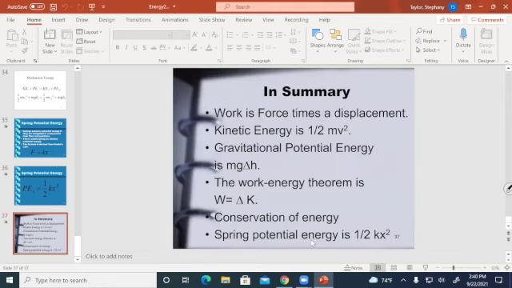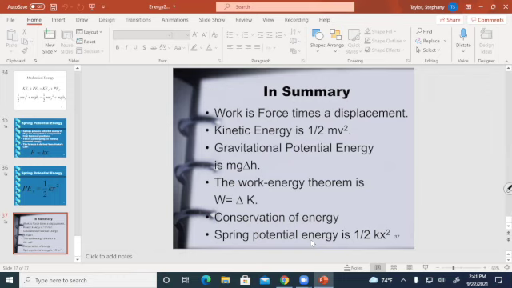All right, so in summary, work is equal to force times distance or displacement. Kinetic energy is the energy of motion, and that's equal to 1/2 mass times velocity squared. Again, do not square the entire equation, only the velocity. Gravitational potential energy is mass times gravity times height. The work energy theorem says work is equal to the change in kinetic energy.